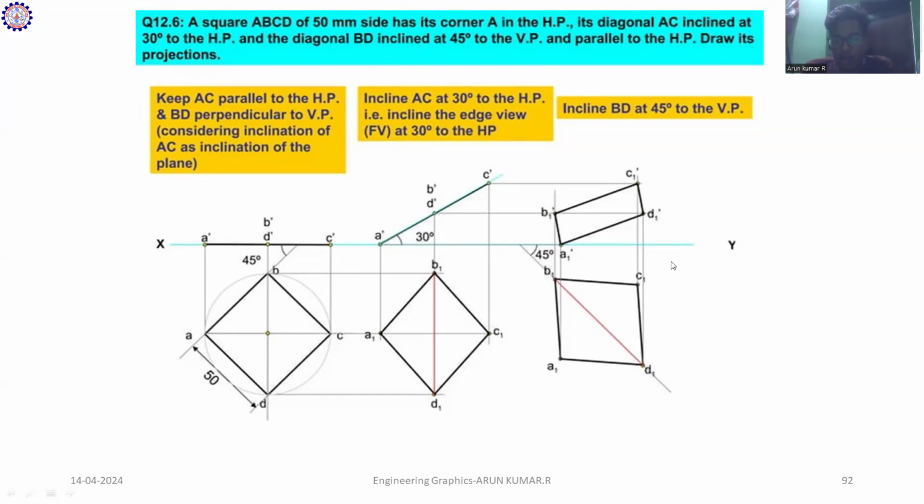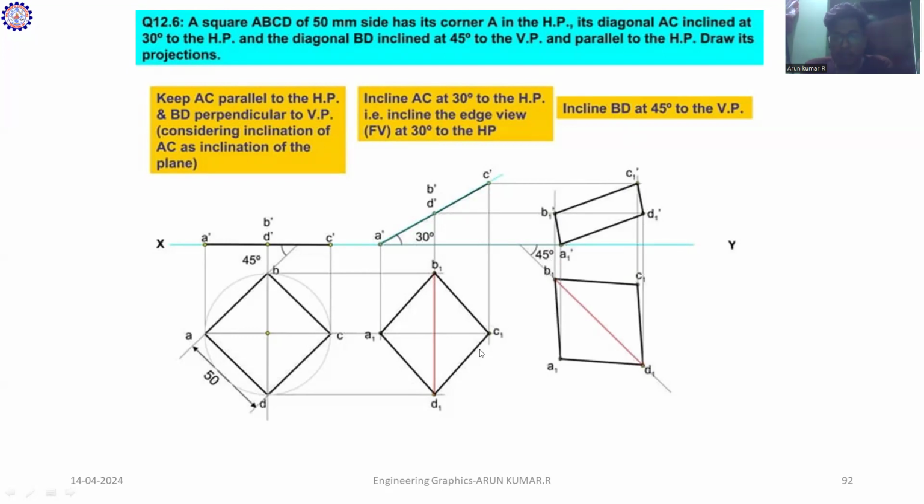After all the points coincide, A1 dash meets with A dash, B1 dash meets with B dash, C1 dash meets with C dash, D1 dash meets with D dash. After joining all the points together, you get the final projection of our problem.